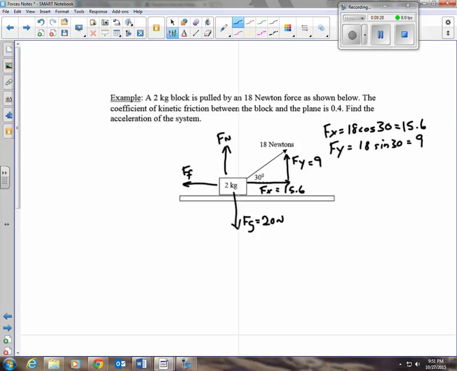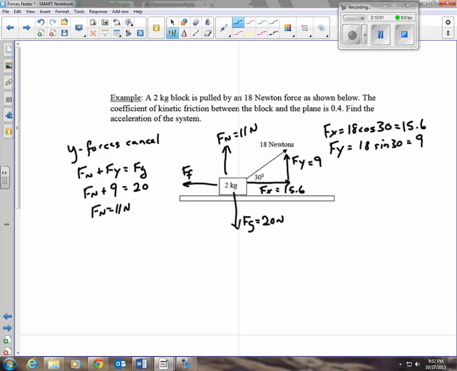And this is 9. Now we can figure out the Fn, because our y forces are canceling. It's not going to be moving up or down, just to the left and the right. I can say that my up forces, Fn plus Fy, have to balance my down force, Fg. So Fn plus 9 equals 20, so Fn is 11 newtons.